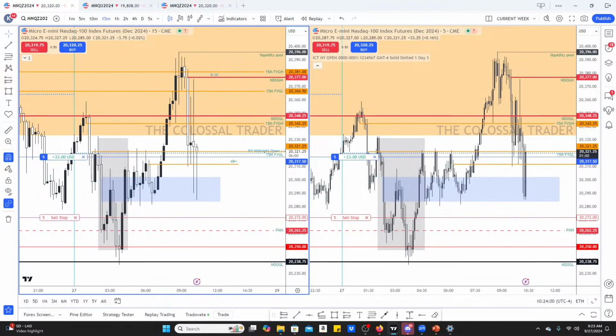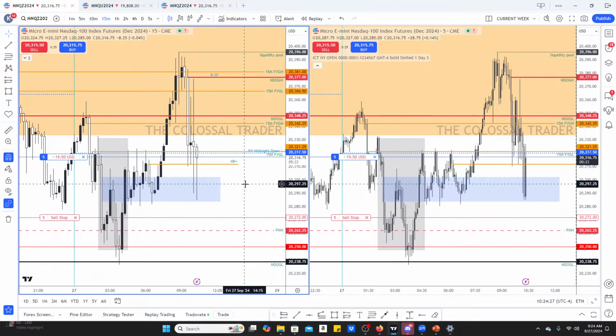You see Nasdaq pop, man. Pop. And it's a 5-second chart.